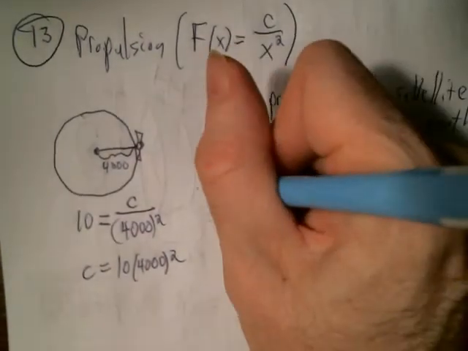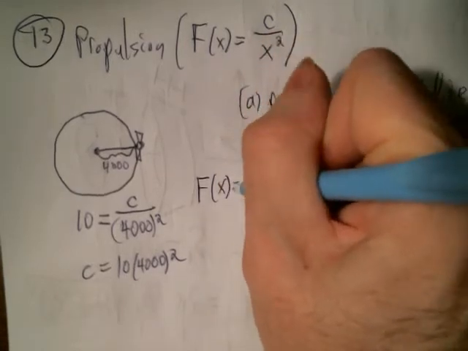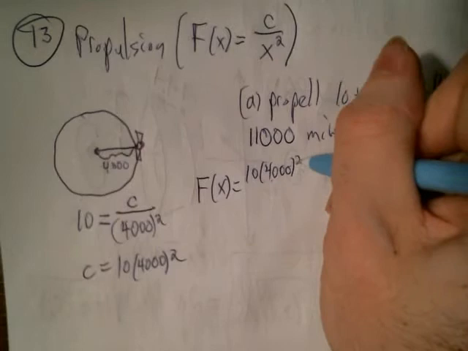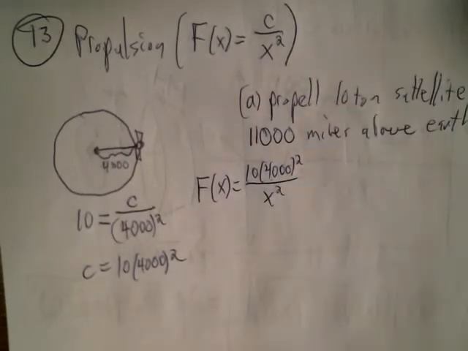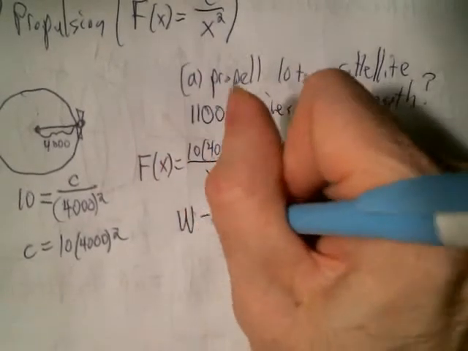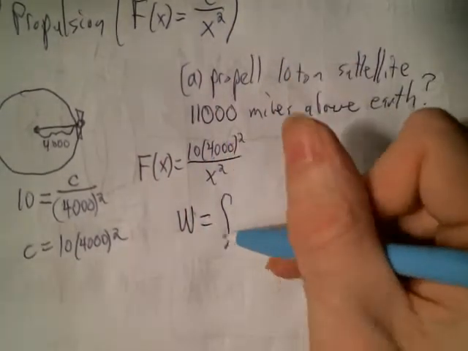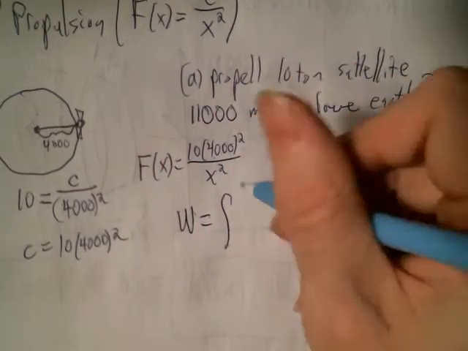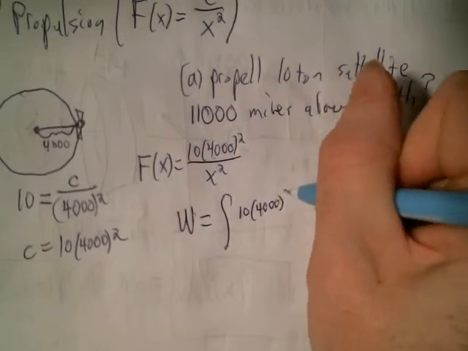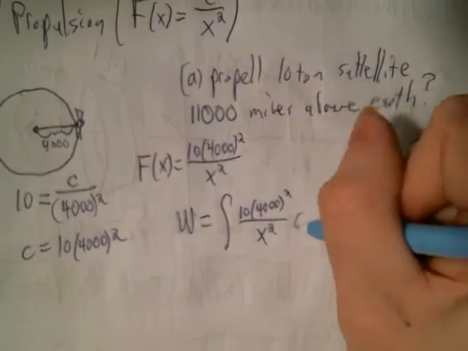So big F of x must equal 10 times 4,000 squared all over x squared. Then to find the work, it's just the integral of f of x times dx. So it's 10 times 4,000 squared all over x squared times dx.